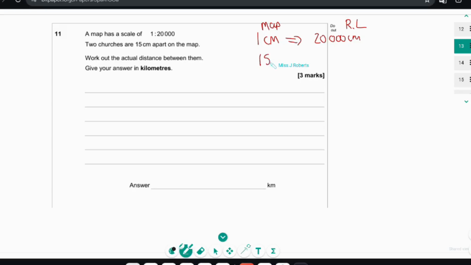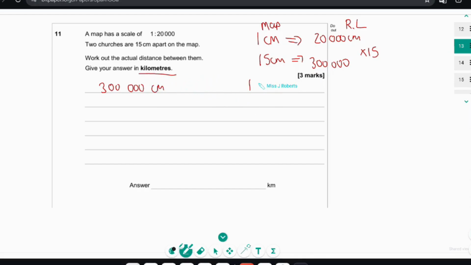So 15 centimetres on the map. I need to multiply this by 15, which is 300,000. So 300,000 centimetres in real life. But I need to convert that into kilometres.